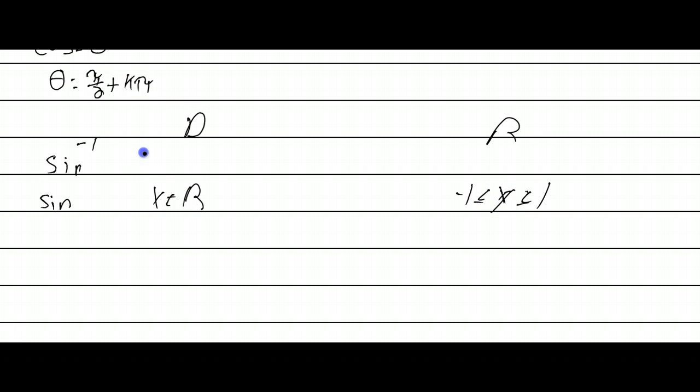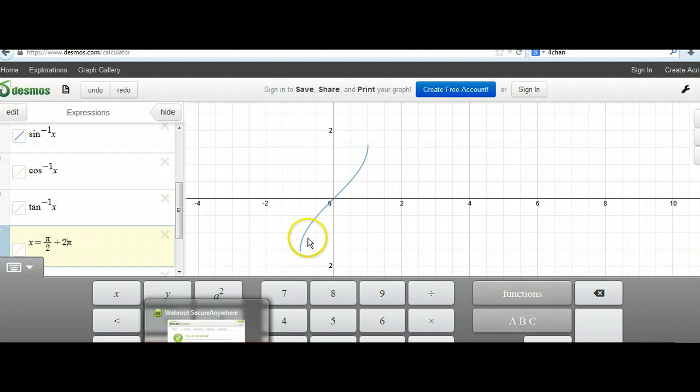Our domain is from -1 to 1, but our range cannot be all real numbers, because our sine wave, remember, keeps going up and down, up and down, over and over again. Okay.